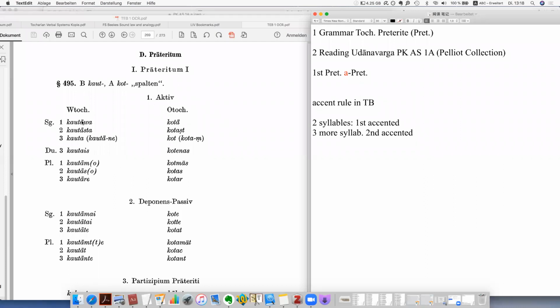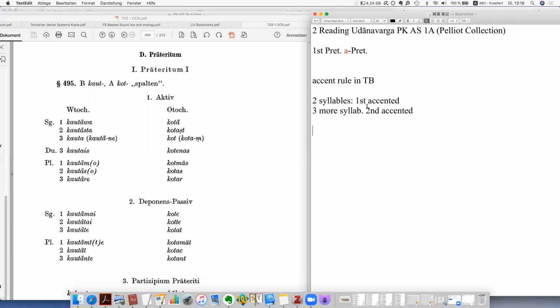Originally this is R, but if it is accented, it is written as long A with a macron above it, a short horizontal stroke on top. You understand this, right? So R accented is written as R with a macron in TP.